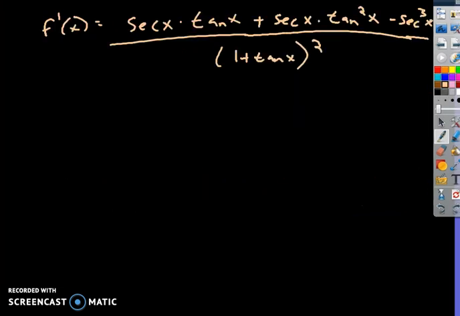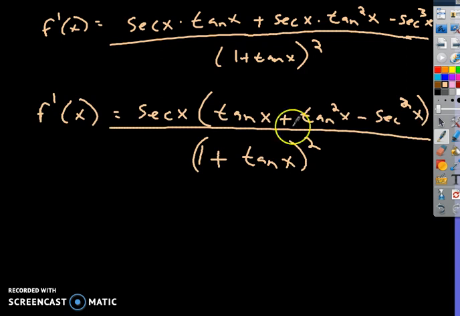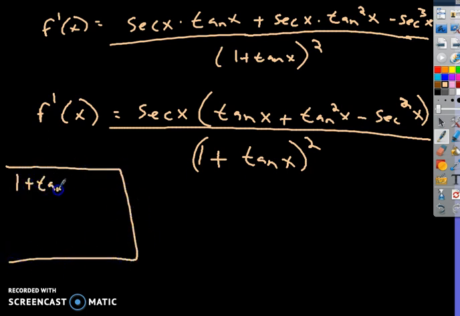So the simplified version of that previous step is this. If you notice you got secant in both of these, you might start simplifying by factoring out a secant from each of these terms, which leads you to this expression. You might recognize from trig that there's an identity that says 1 plus tan squared of x equals secant squared of x.